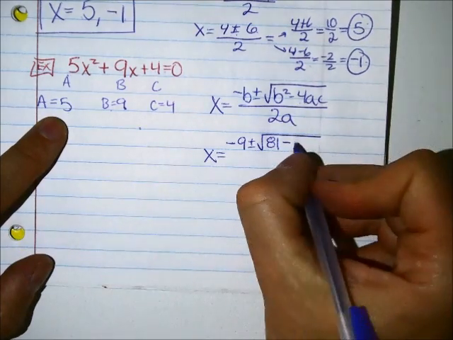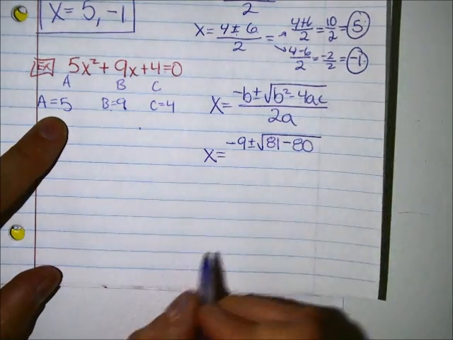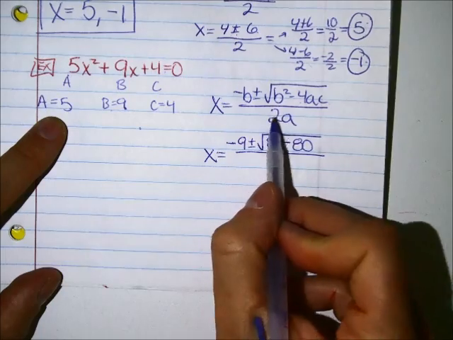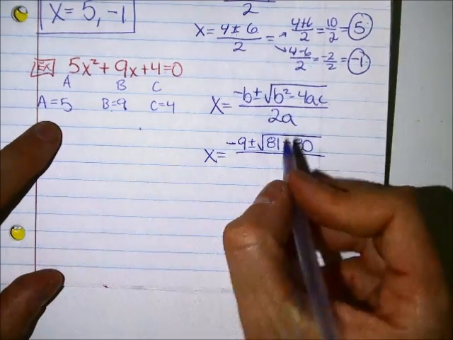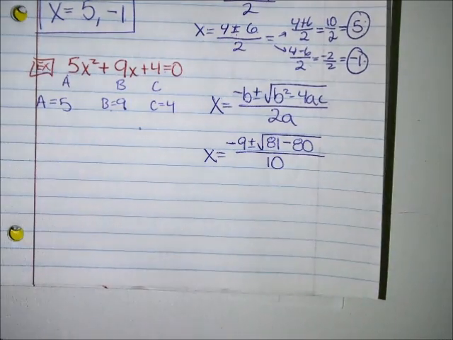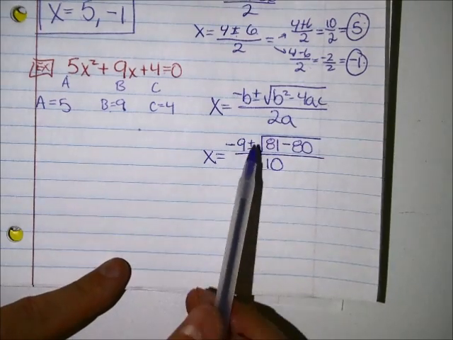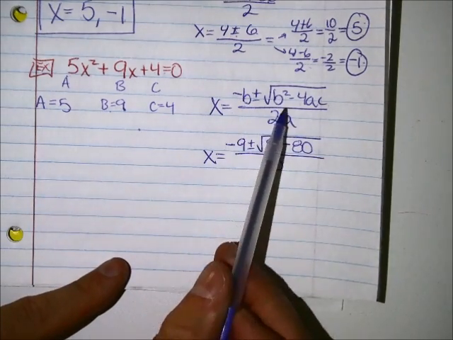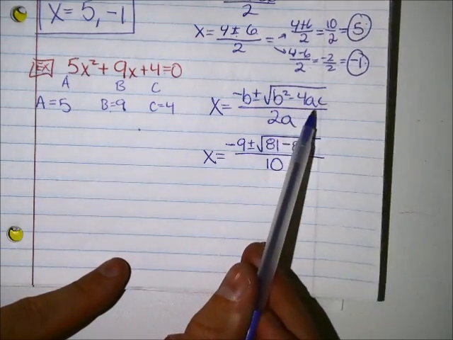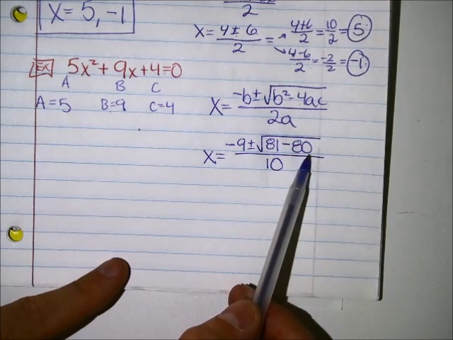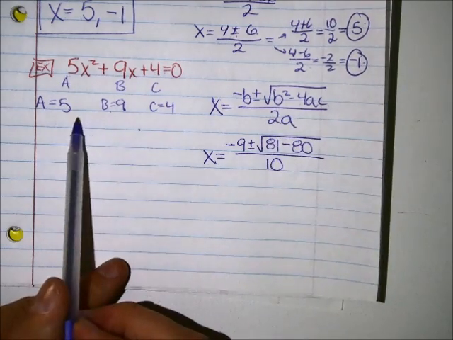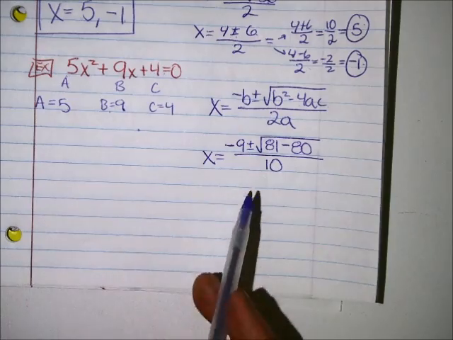Times 4 is 80. All over 2 times the a. 2 times 5 is the 10. So I substitute b squared, 4 times a times c is 80, and 2 times a is the 10.